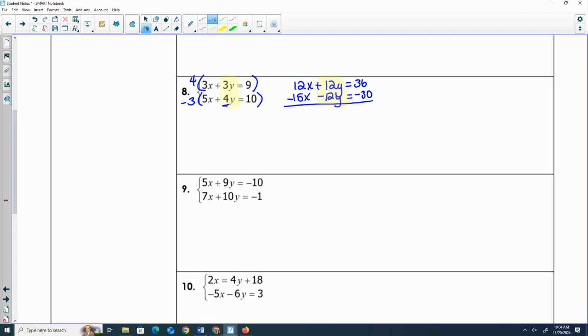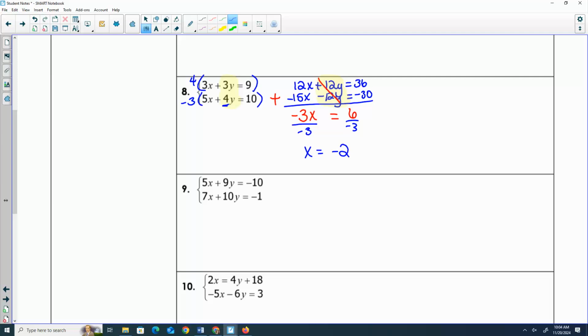Yes, so we can go ahead and keep going. Positive 12 plus negative 15 is negative 3x. The y's cancel. 36 plus negative 30 is positive 6. Divide by negative 3. We get x to equal negative 2.